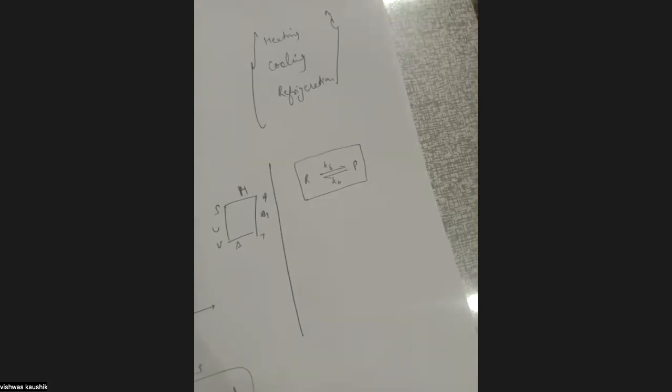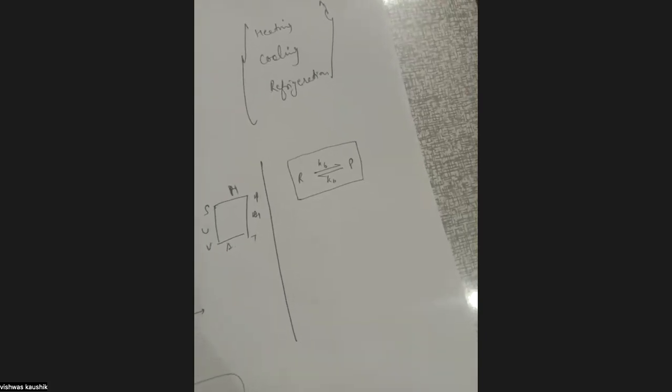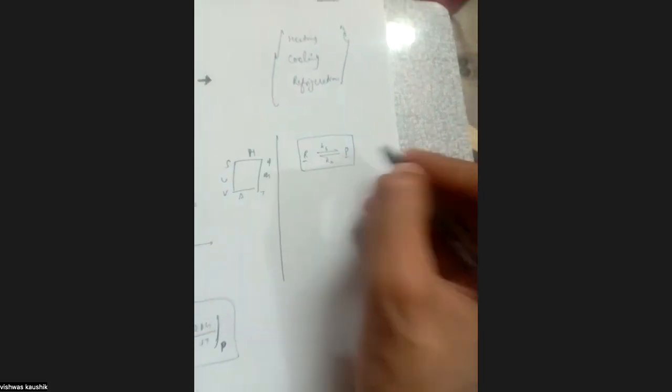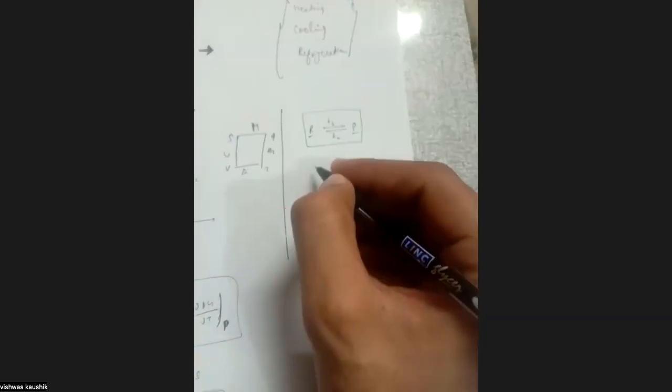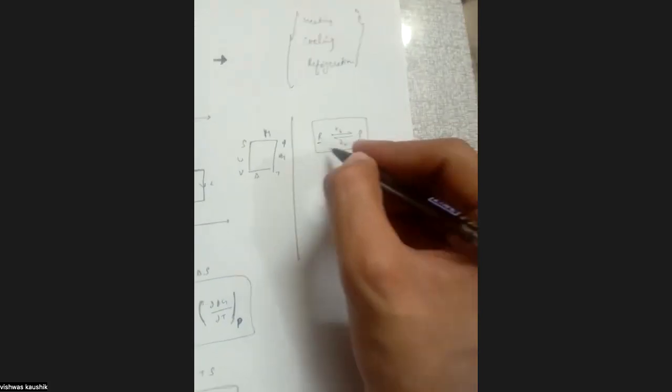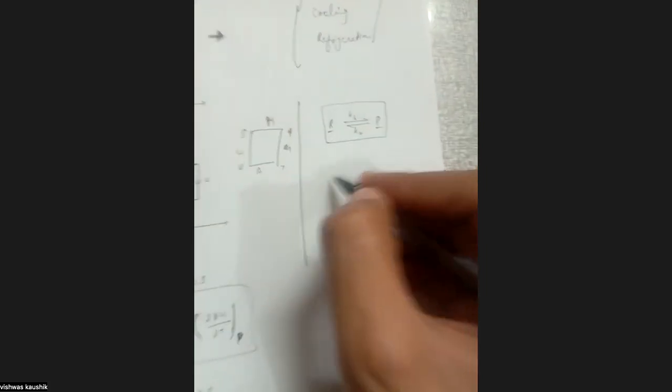What is the difference between chemical equilibrium and ionic equilibrium? In chemical equilibrium, we have particular reactants and products, but in ionic equilibrium, the equilibrium exists between an unionized compound, for example HA, and its constituent ions.